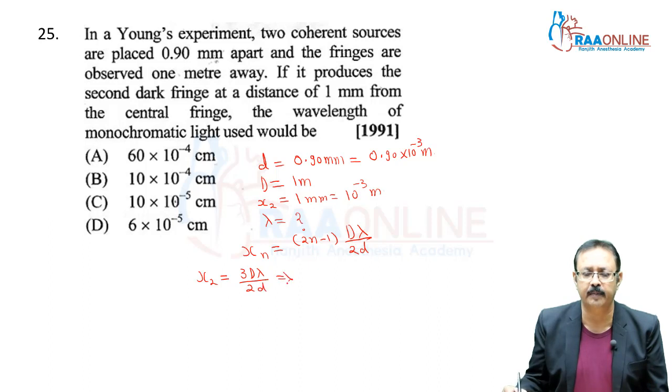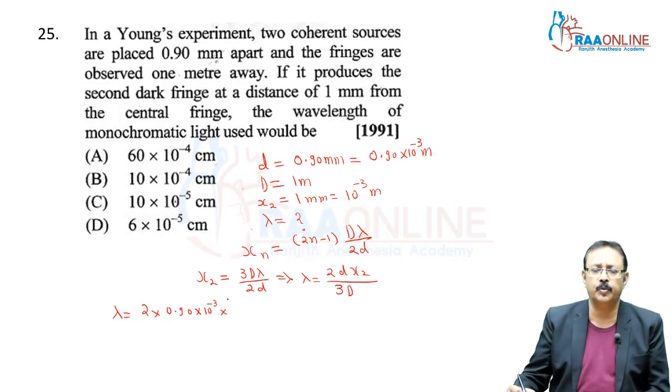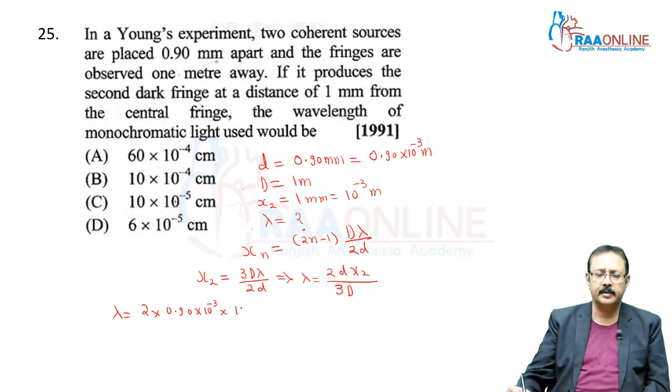This implies lambda should be 2 d x2 upon 3D. So what are we getting for lambda? 2, d was 0.90 into 10 to the power minus 3, x2 is 10 to the power minus 3, upon 3D.